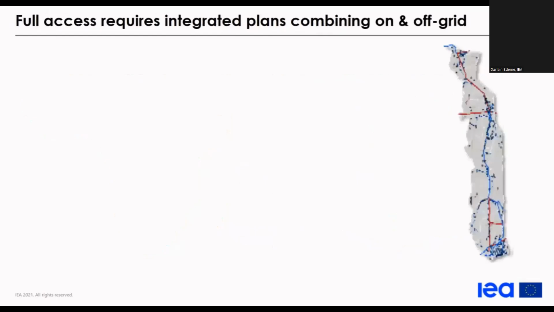Another example which confirms that full access requires integrated plans combining on and off grid is the very interesting case of Togo. So this Western African country that you can see here is around 50 kilometers from west to east, but around 800 kilometers from north to south.